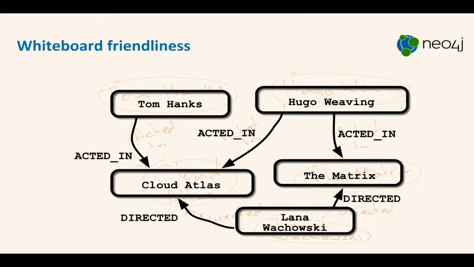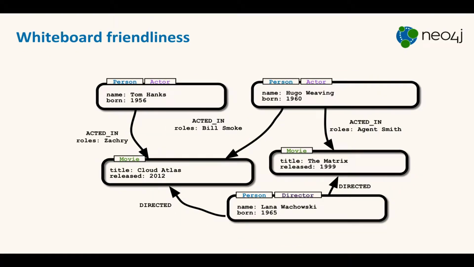We can take all those properties. Here is a node, here are relationships, and so on. And then we can add some properties like name and birth year, and then there are labels like person, director, movie, and so on.